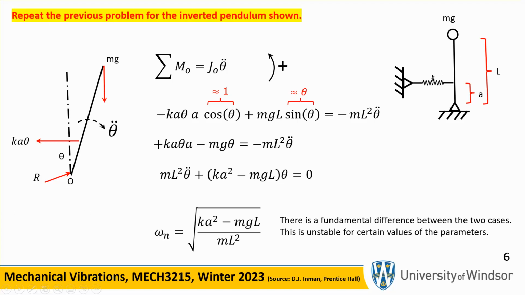On the other hand, if k is stiff enough, then as you tilt the mass a little bit, it begins to oscillate back and forth. In other words, this vertical position is unstable. It is possible to have oscillation there, but for certain choices of these parameters, the oscillations will not take place, and this goes berserk. It's an unstable position.